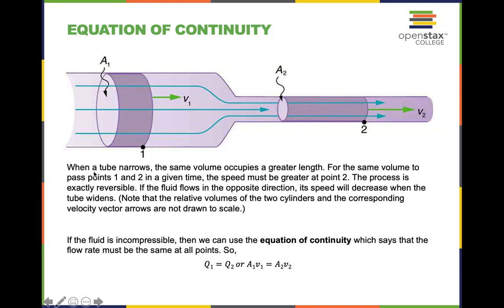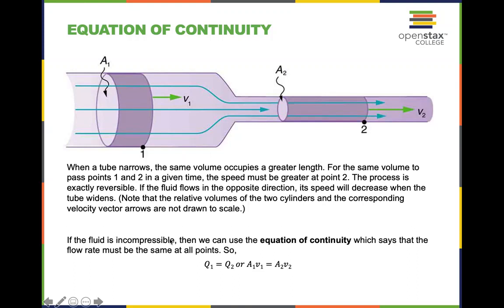So for the same volume to pass points 1 and 2 in a given time, the speed must be greater at that point. The process is exactly reversible. If the fluid flows in the opposite direction, its speed will decrease when the tube widens. Note that the relative volumes of the two cylinders and the corresponding velocity vector arrows are not drawn to scale, so don't take these lines seriously.